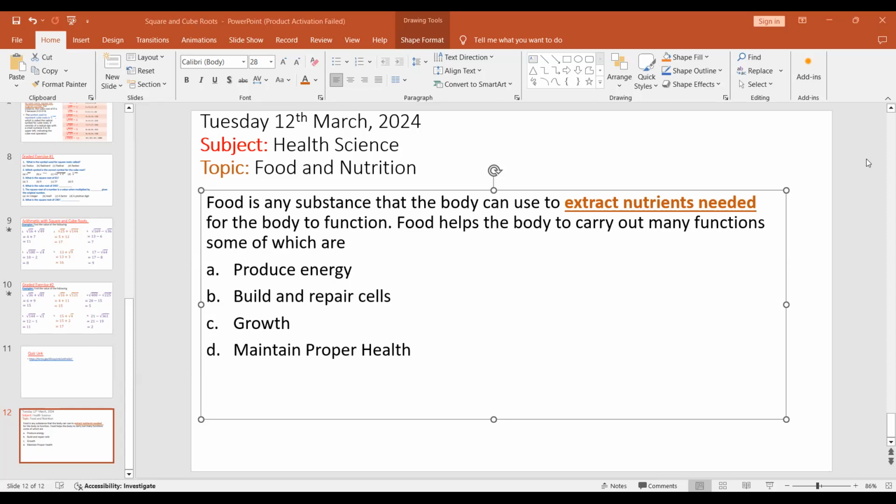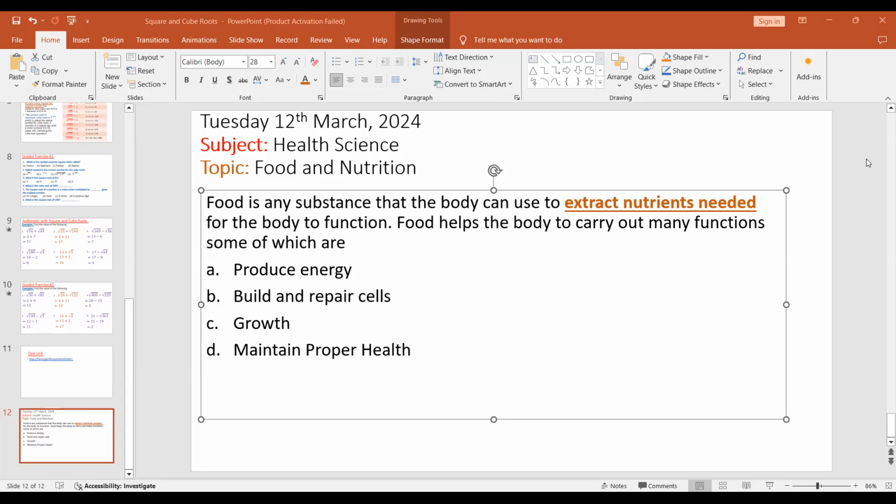There are 4 functions I have on the screen. Give me one of them. Build and repair cells. So food helps the body to build and repair cells. Okay, good. And Samantha, give me another function that food helps the body carry out. Produce energy. Very good.